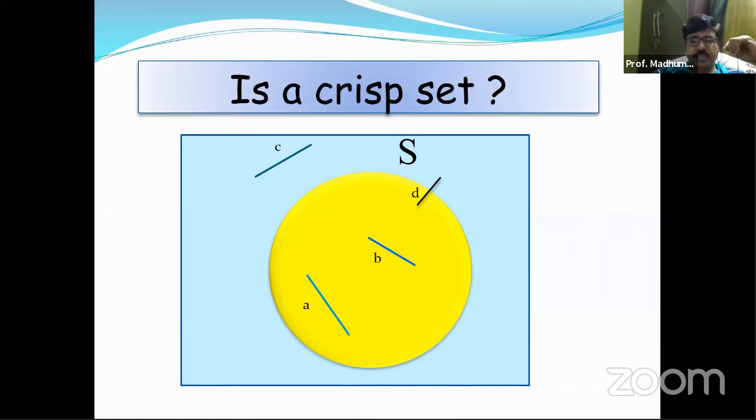So is it a crisp set? The answer is no. As per our conventional definition, the collection of A, B, and D is not our conventional set. We cannot represent D as a member of S or not a member of S. So this is not our conventional set or the crisp set.